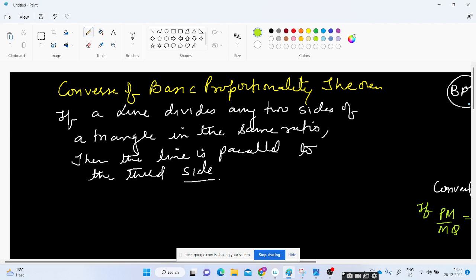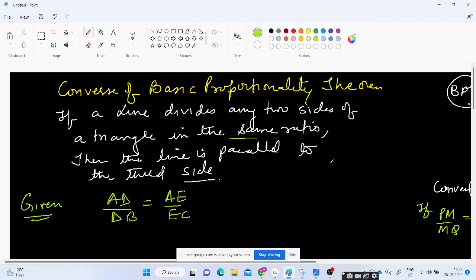तो now बेटा what is given here, if a line divides any two sides in the same ratio, so same ratio is given to us, that is AD upon DB equals to AE upon EC is given to us, ठीक है.